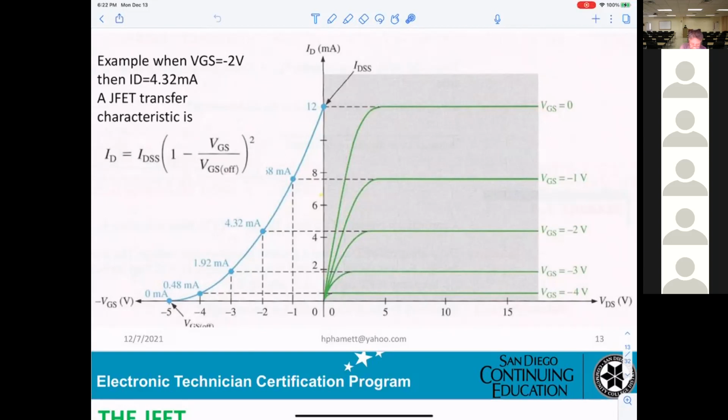On the right side here, they just display the current and the voltage VGS. You see that? With VGS equal to minus 2 volts, then you can get this point, and so on.